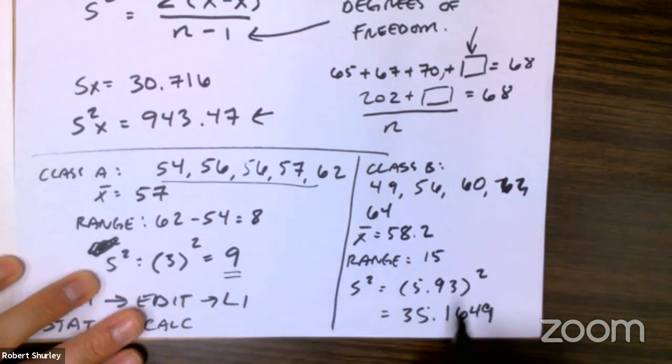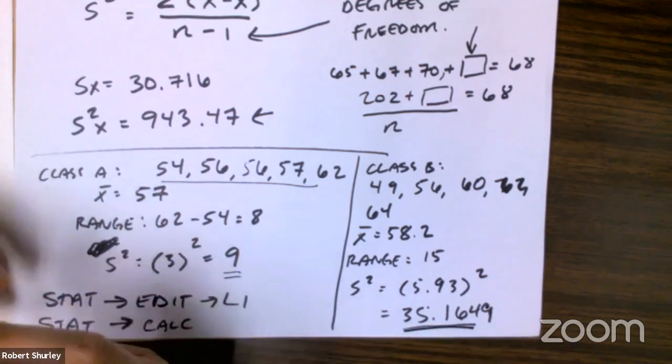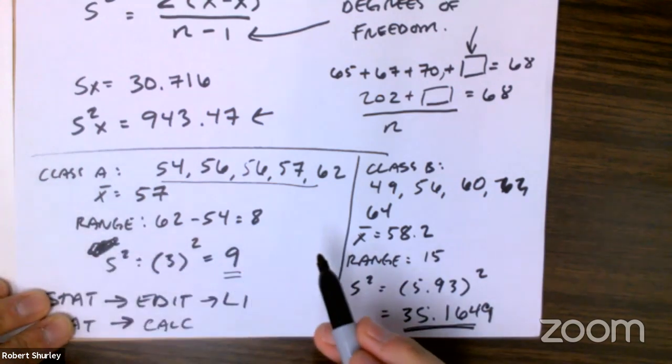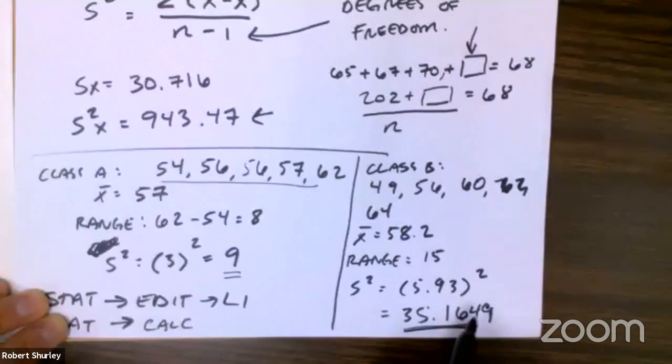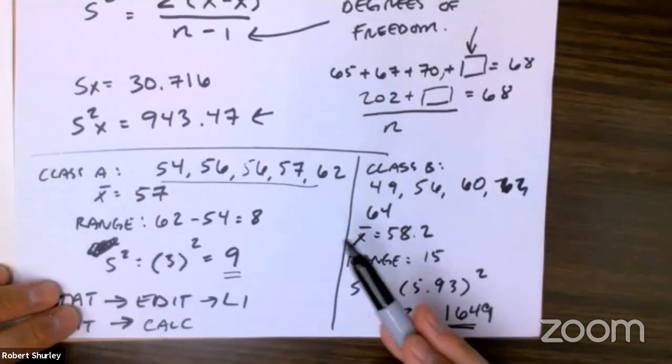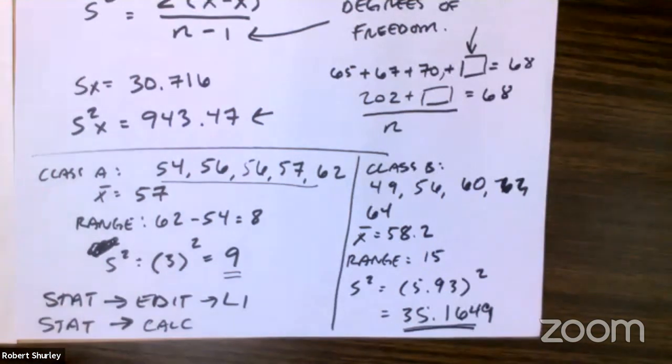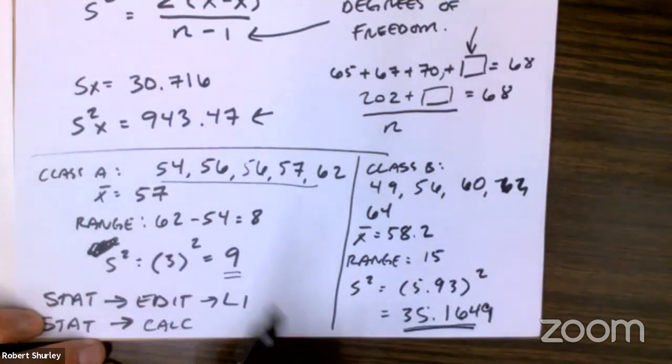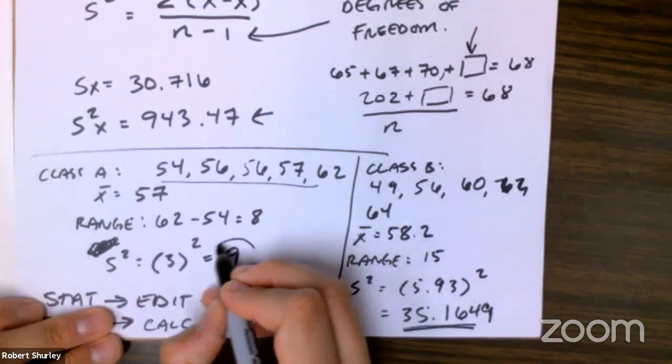And then the variance for the other class was 35.16. That tells me that the heights from class B are going to be more all over the place. What that probably means for class B is that the lower and upper heights are more extreme than class A, right? This is a tighter variance, okay?